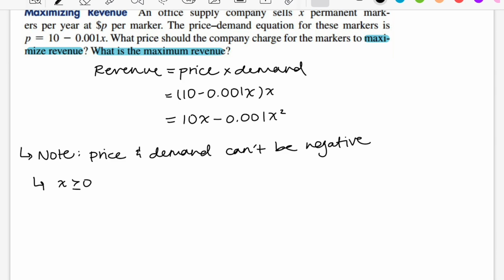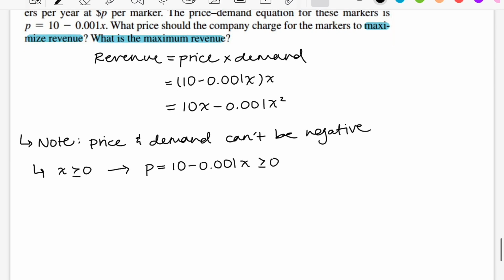And then since x has to be greater than or equal to 0, this implies that our price equation also has to be greater than or equal to 0. And then with this information, we can determine that x then has to be less than or equal to 10,000.